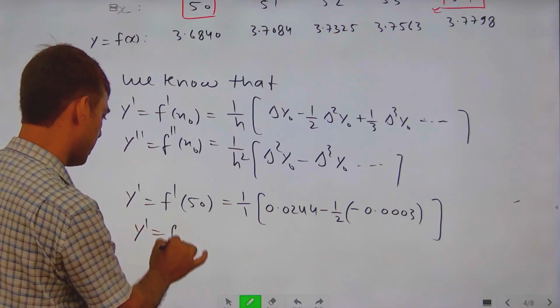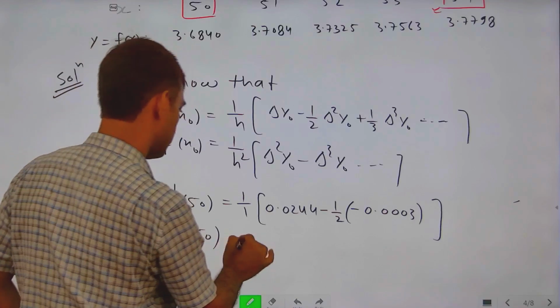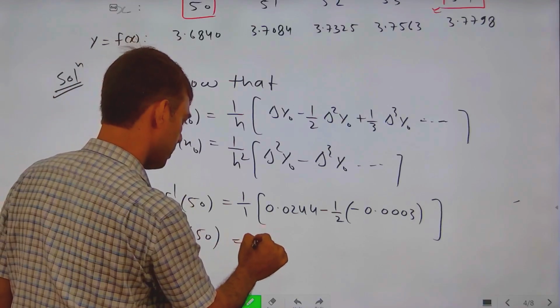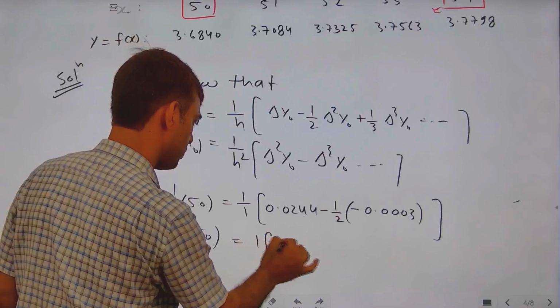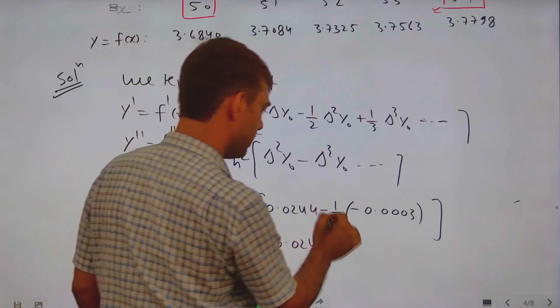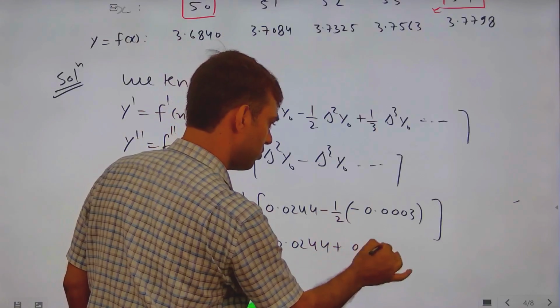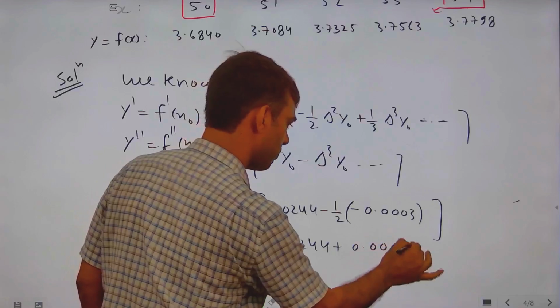Y dash equals f dash 50. F dash 50 equals 1, and here from 0.0244, and 1 by 2 minus minus becomes plus 0.00015.